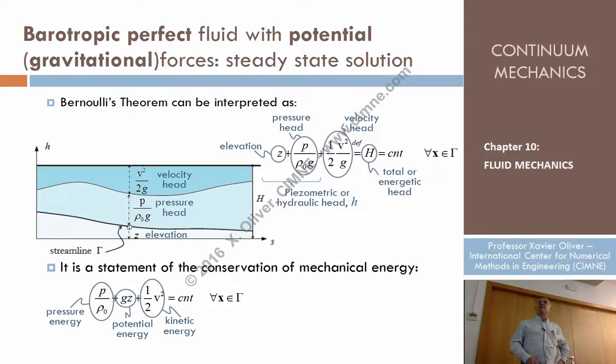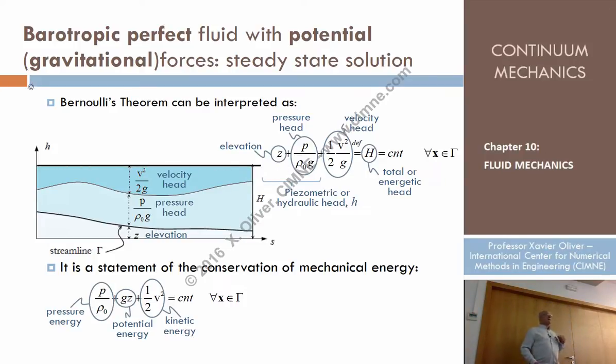So I can compute the three heads for this point. The theorem of Bernoulli says that at every point, the sum of the three is constant. So finally, if we do that for every point, what we should find is a straight line, not a curve, which is the constant. This height here is that constant.